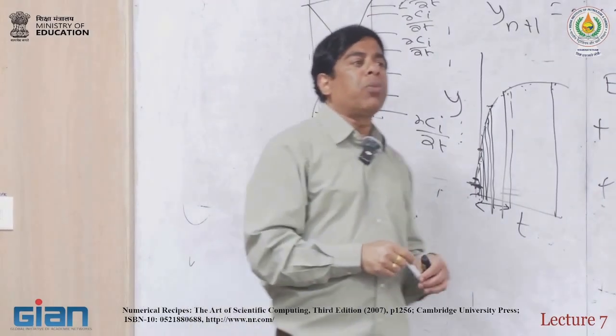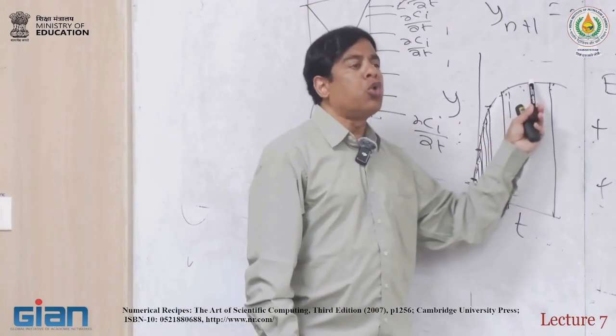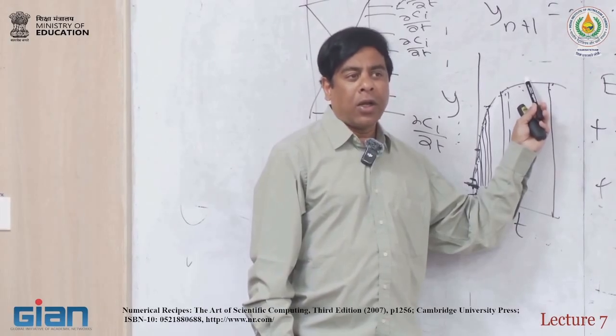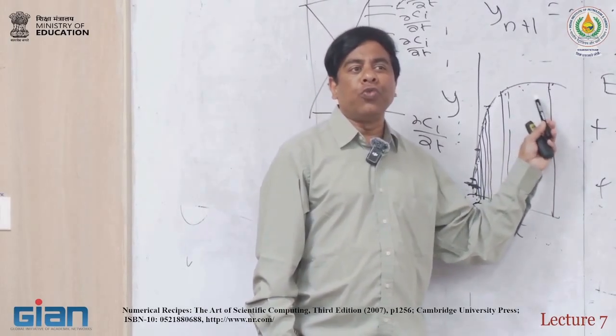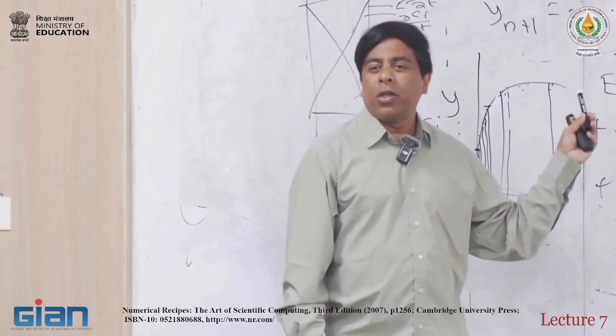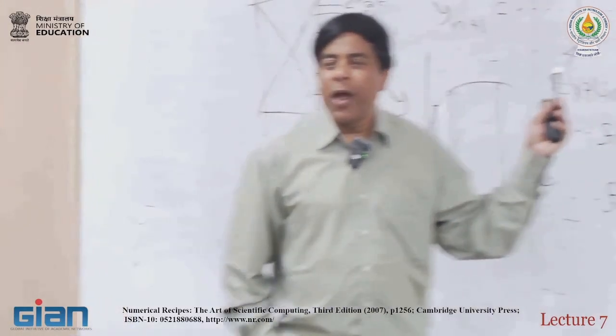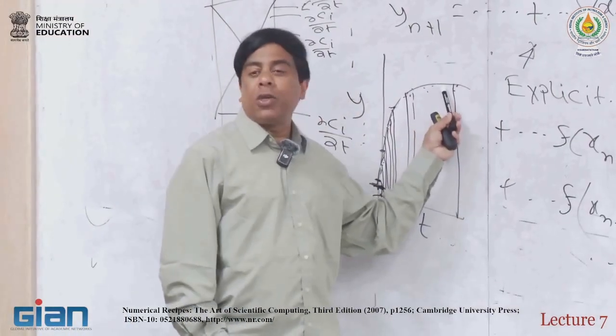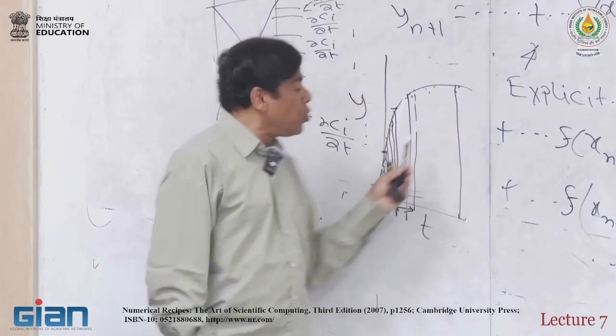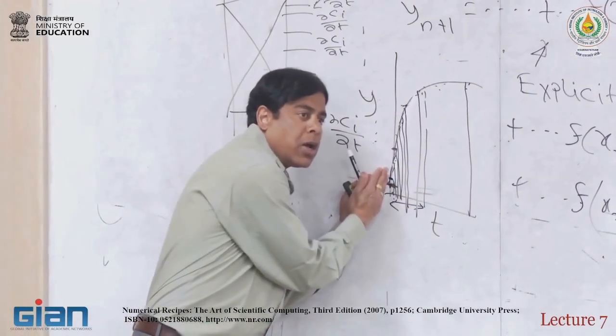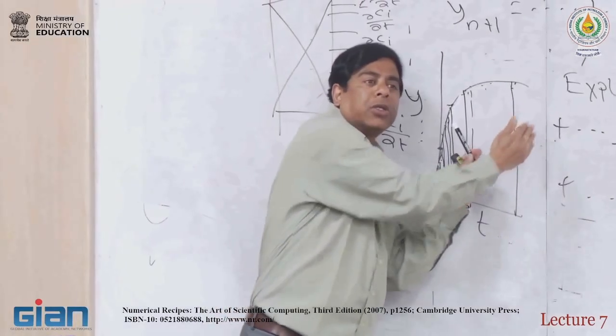But the point you have to think about is that because I drew this profile here, it is easy for you to visualize, but this is a chicken and egg problem, right? I do not even know that the system will behave like this. So how do I know that I need to cut the step here, and here I can go for a larger step?